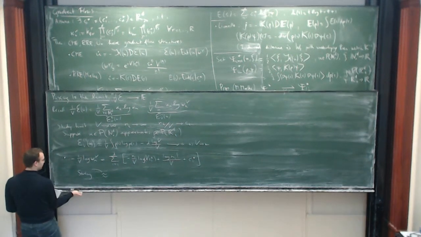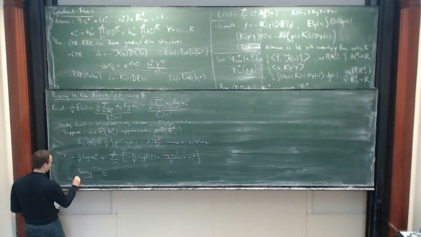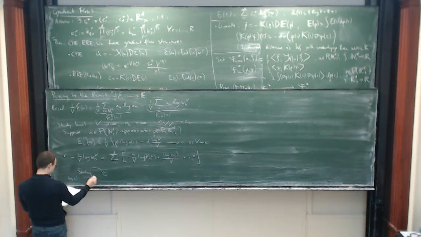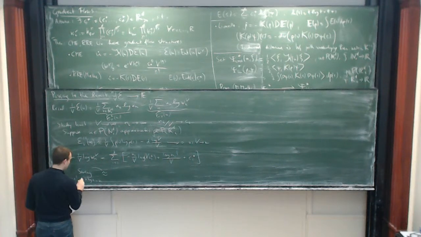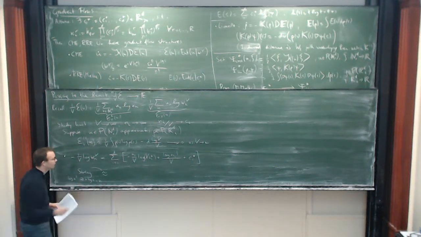we use that log n factorial equals n log n minus n plus some remainder we don't care about.